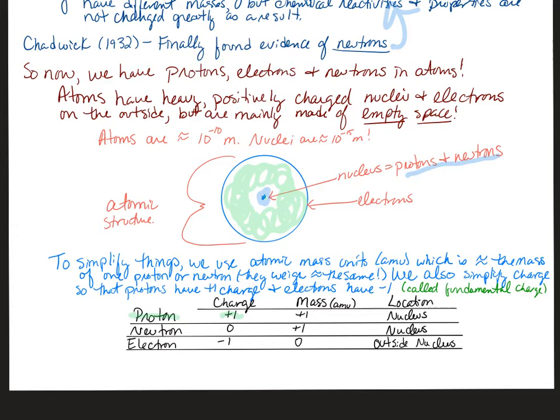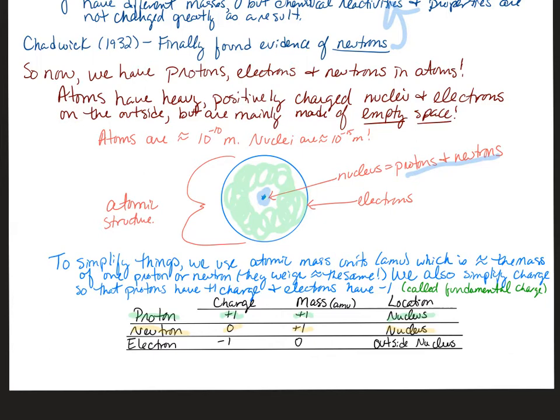We'll talk about what that means later. But the mass of a proton is about 1, and it lives inside the nucleus. Then we have neutrons. Neutrons have no charge. That's why they're called neutrons, because they're neutral. They have a mass of 1, and they also live in the nucleus.